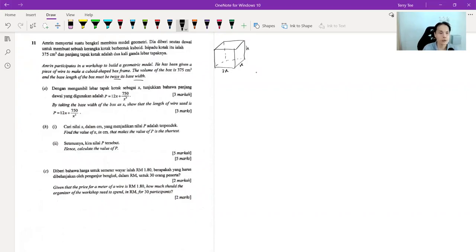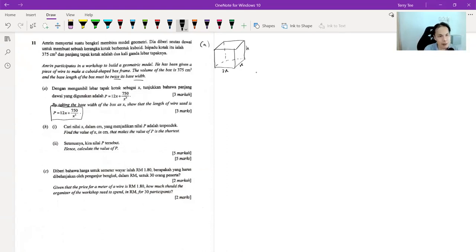Okay, so now they say by taking the base as x, show that the length of wire used is given as this. Okay, so I know if you're given volume and you're given the length of wire, that means we're talking about P, basically like perimeter, right? It's basically the sum of edges of a box.